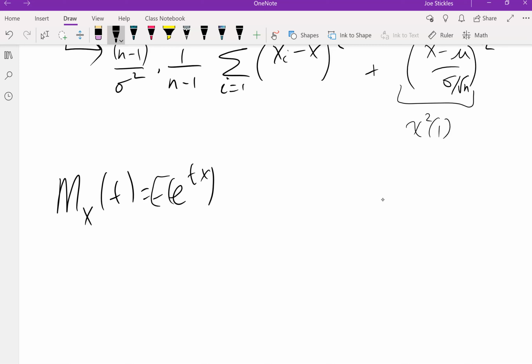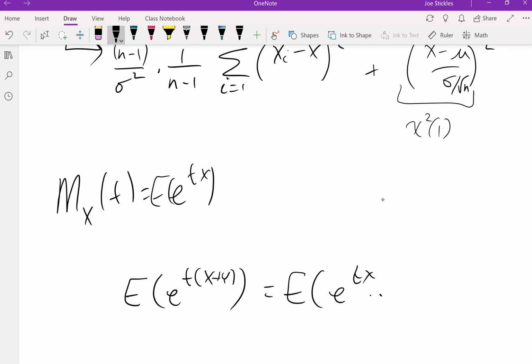If you have a sum in the exponent, how can you rewrite it? It's a product, right? So in general, write it this way. If I do the expected value of e to the t(x plus y), that's e to the tx times e to the ty, right? We agree?